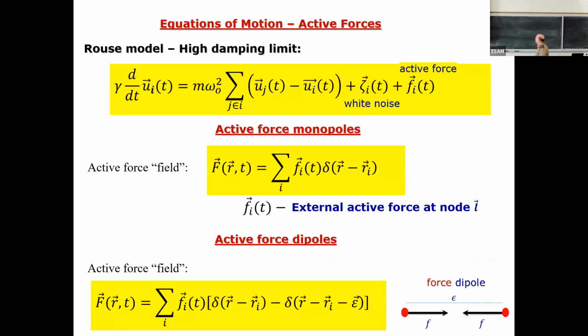And these are internal forces. So if I go to the equations of motion with the displacement field, then I simply have the active force on each node. I might have a force, I might not. If forces are everywhere, then I will have them on all nodes, and I still have the white noise. So this is the field of force monopoles.